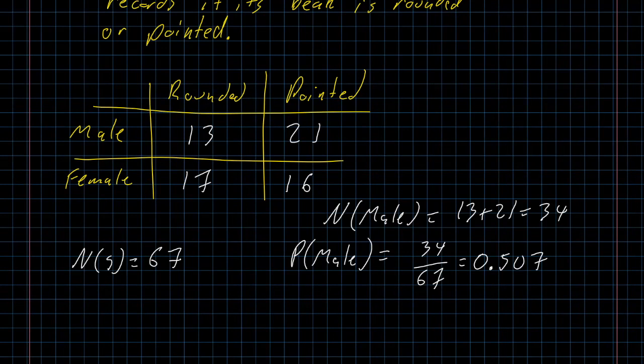We could also ask questions like, what is the probability that a finch that came through had a pointed beak? Well, looking at this column, there are 21 and 16.